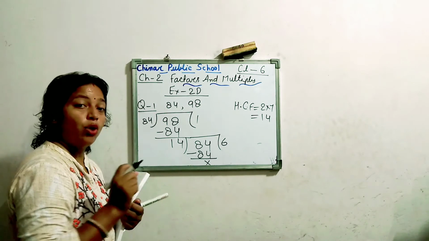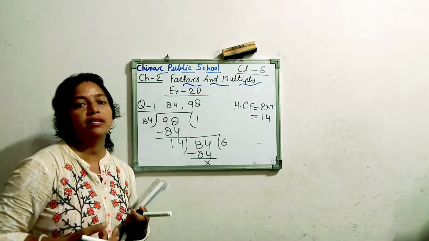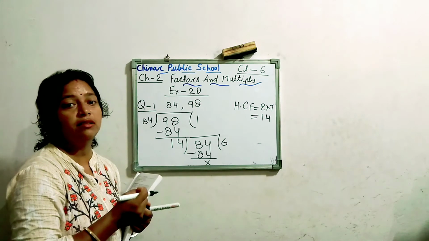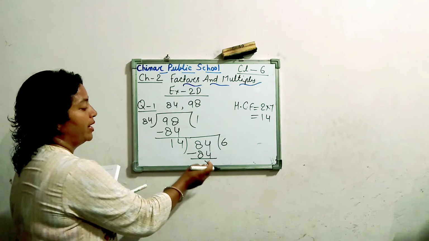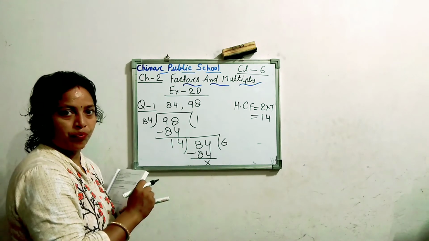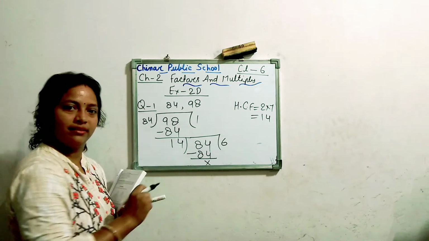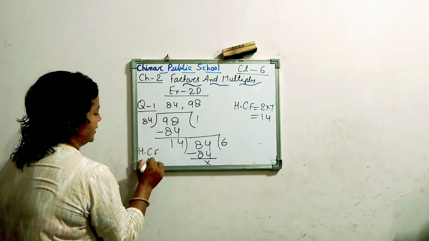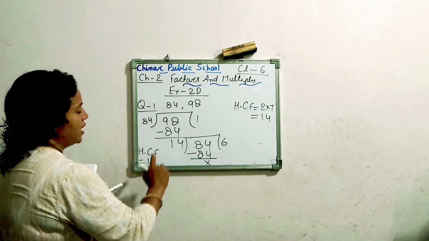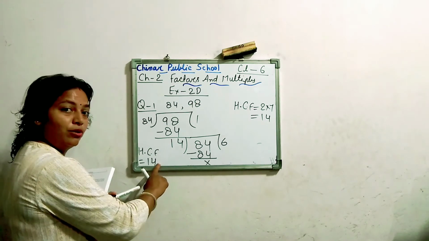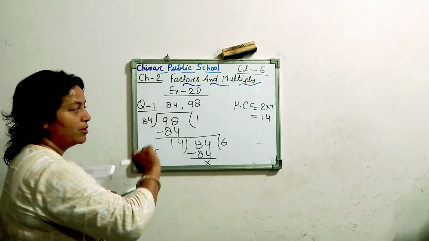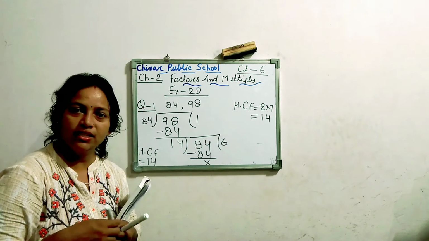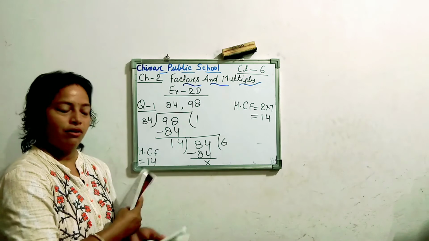Is that clear? Who is the reason the remainder is coming 0? 14. My dear student, that is the answer. HCF is equal to 14. Now you can match that the HCF is 14 by the division process, and by the prime factorization process also.